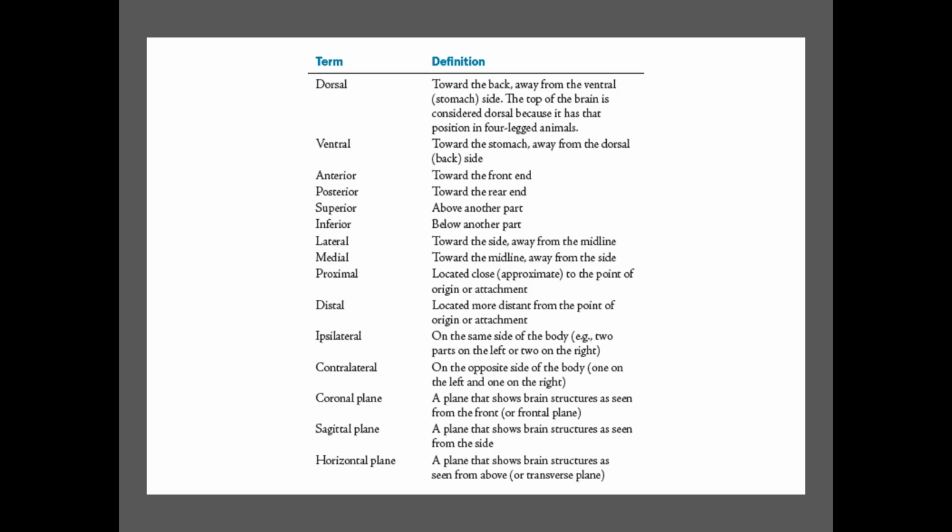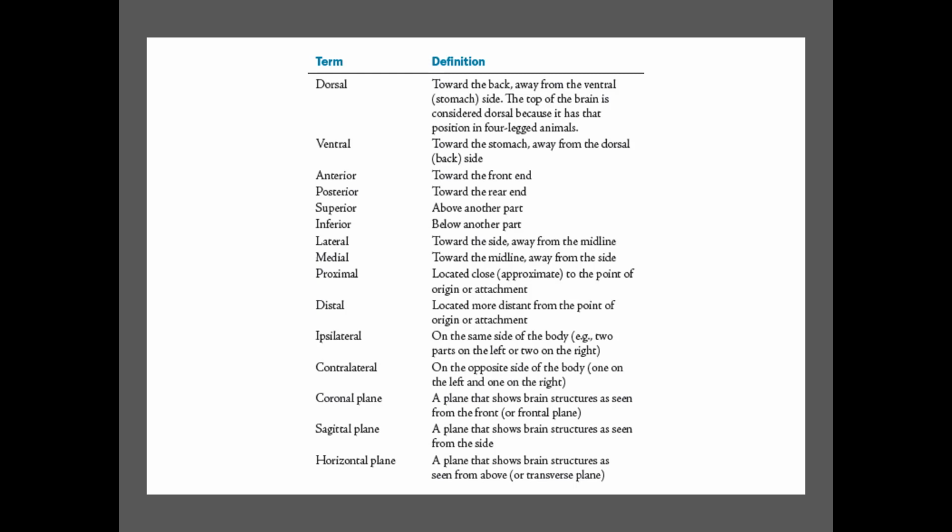Lateral is away from the middle of the body towards the edges, whereas medial is towards the midline of the body. Proximal and distal are also relative to other structures, or in this case, origin points or attachment points. For example, your hand is going to be much more distal to your elbow or your shoulder, right? Whereas the fingers are going to be more distal to the hand.